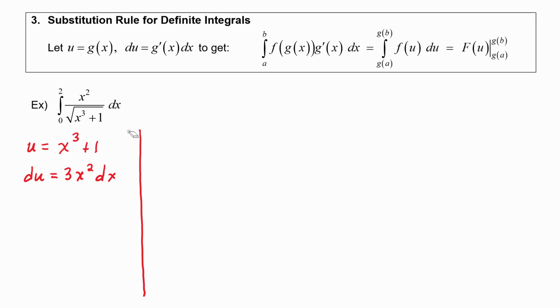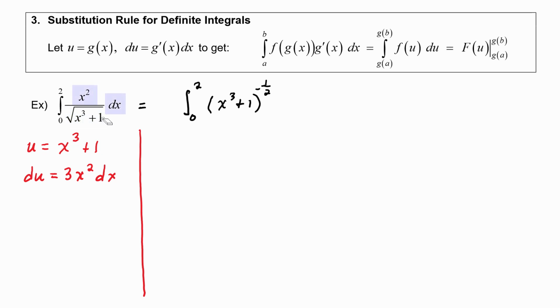So let's work on setting up our integral in the x variable first. We have the integral from 0 to 2. Now, since our u variable is the inside of this composite function, let's write that here as quantity x cubed plus 1 to the negative 1/2 power.